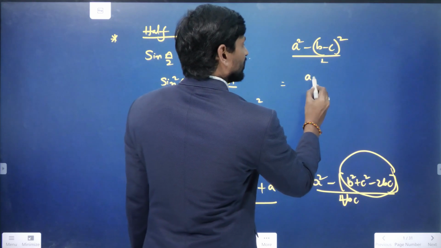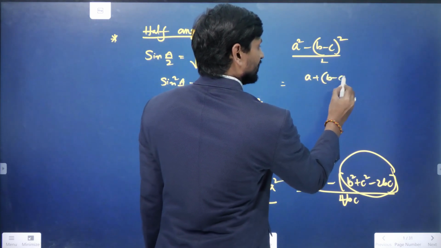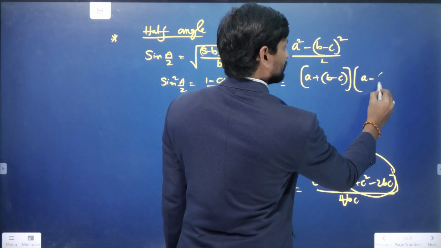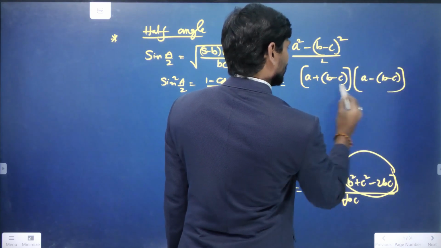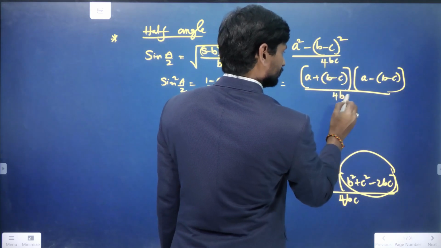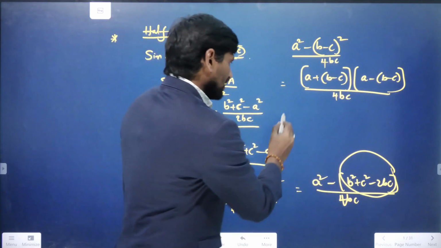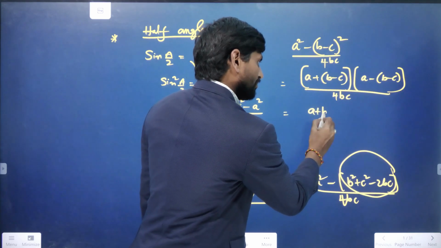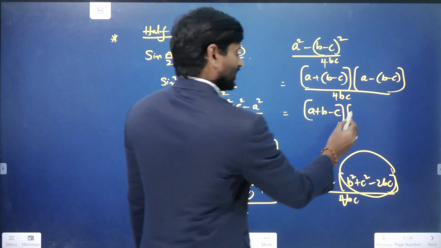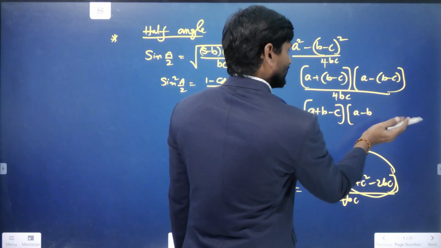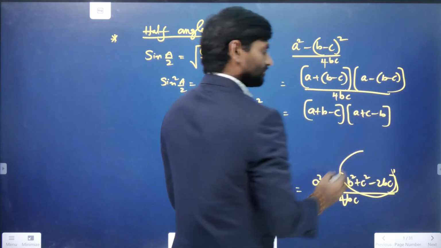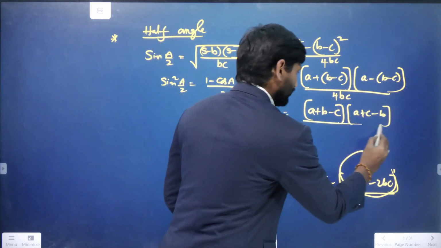So from this, (a plus b minus c) into (a minus b plus c), or a plus c minus b, divided by 4bc.